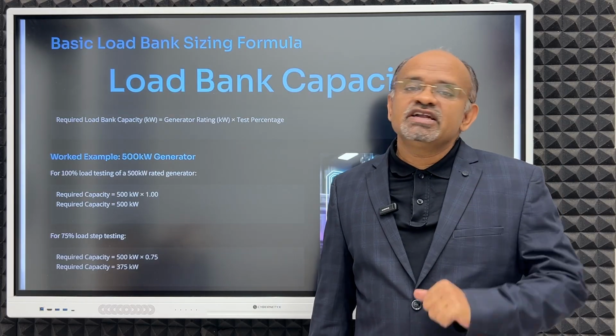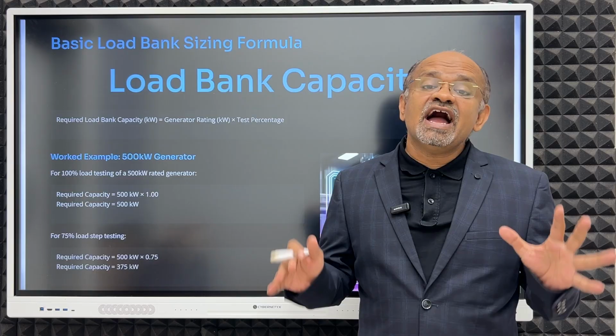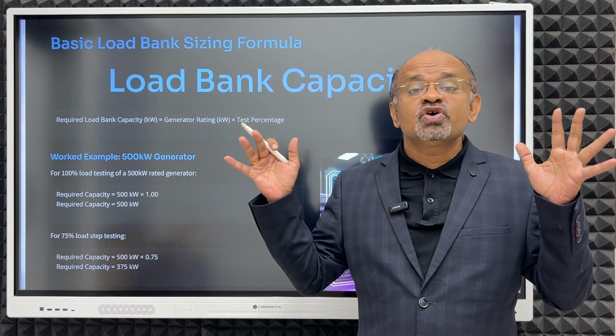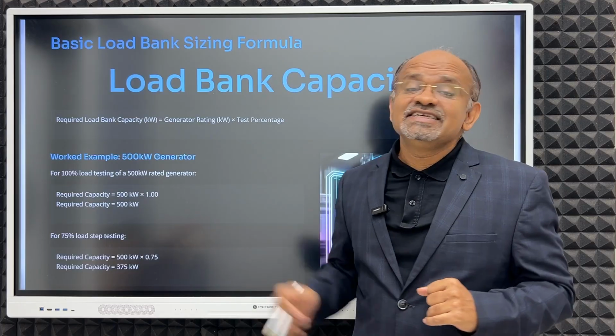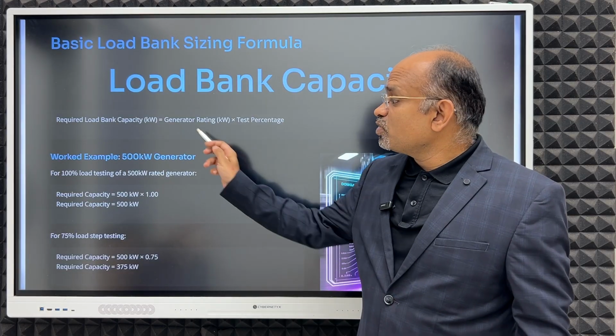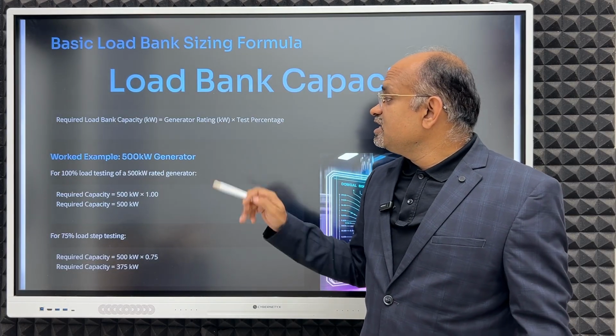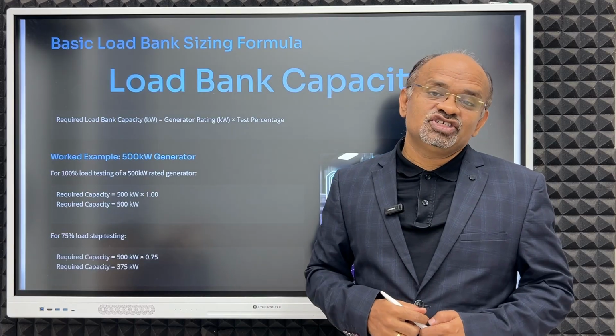Generators are of different capacities and your bank is big. You cannot put more than 100% load on the DG set. That is why this formula: generator kilowatt multiplied by test percentage.